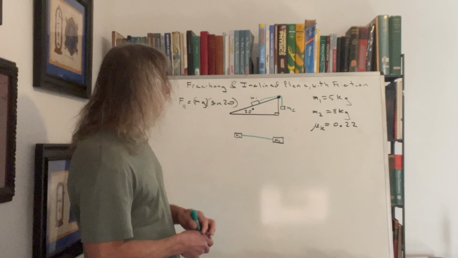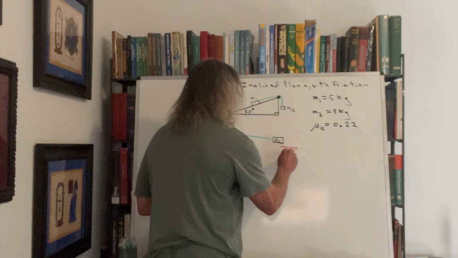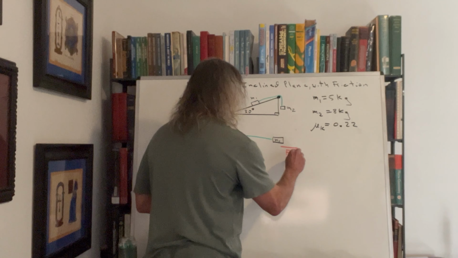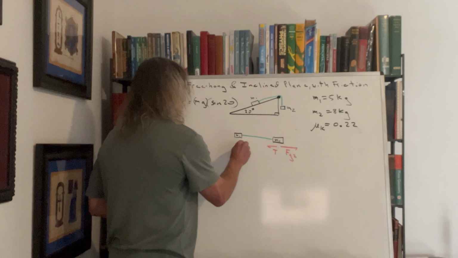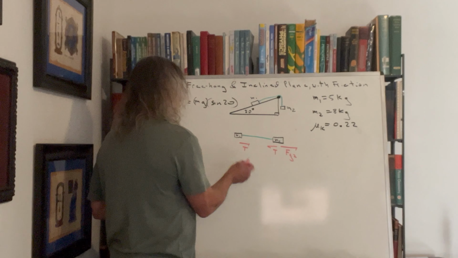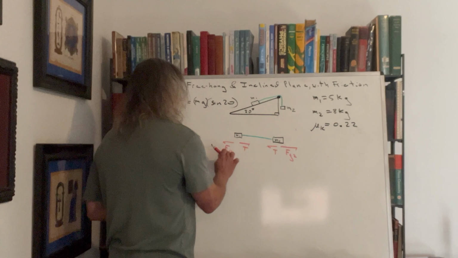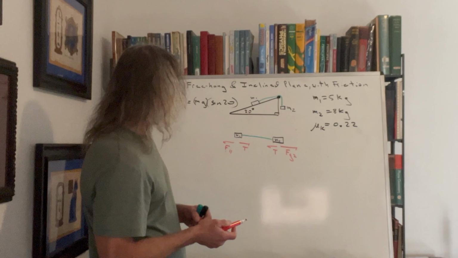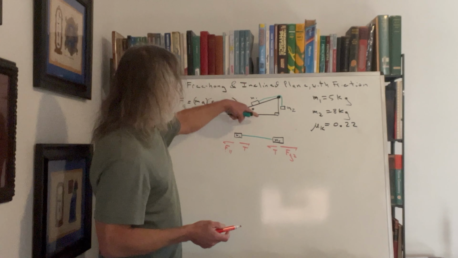So here we'll have force of gravity for the second object, tension going this way. And then on this one, tension in the positive direction, parallel going that way, because we've got part of gravity parallel to this and part perpendicular.